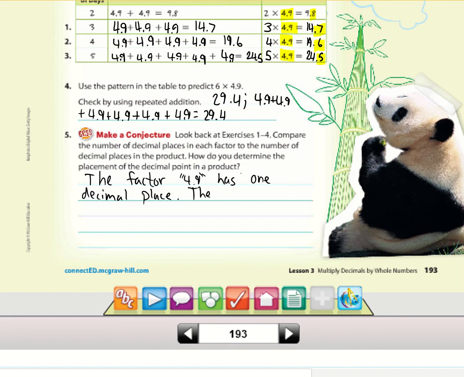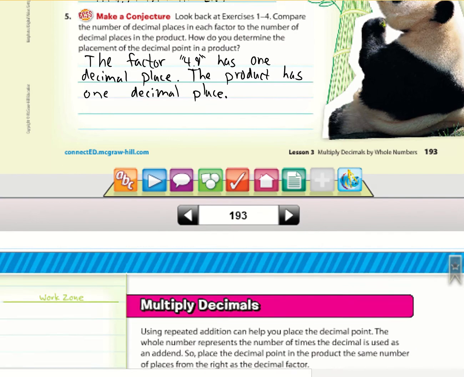And the product has one decimal place. And your answer can be different than mine, and it can still be correct. So just because we have different answers does not mean that yours is wrong. We're going to go into more detail with number 5 throughout the lesson.